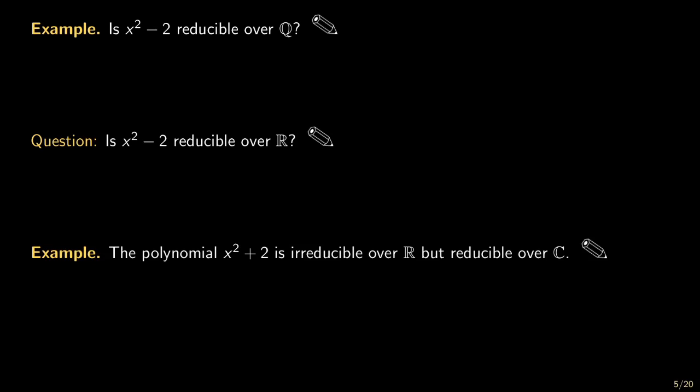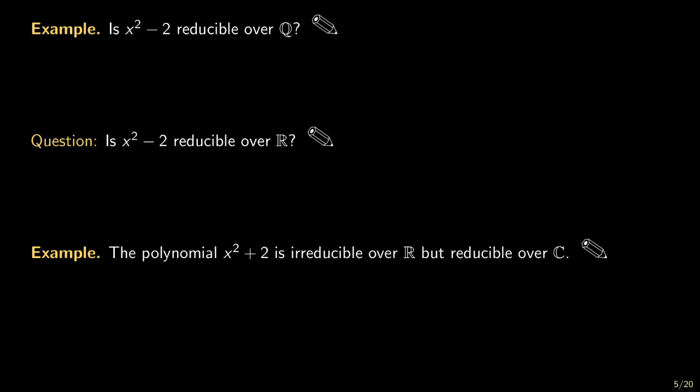When you look at the polynomial x squared plus 2, we can do a similar computation, just like in this example. You can just repeat the process. You will find that this one is irreducible over R. In fact, our experience in algebra tells us that this cannot be factored into real linear polynomials.